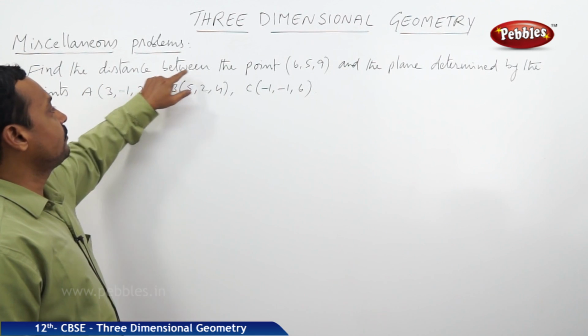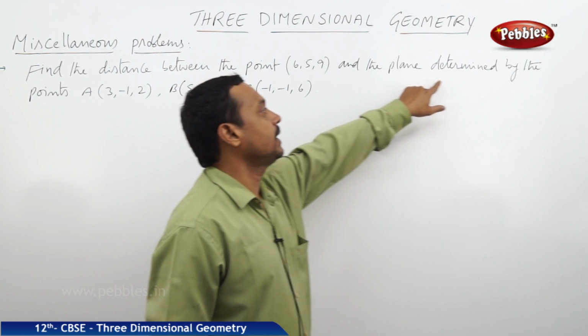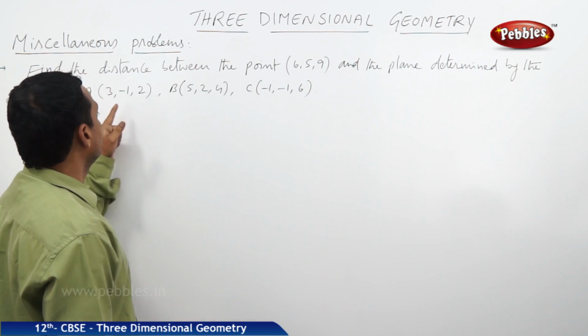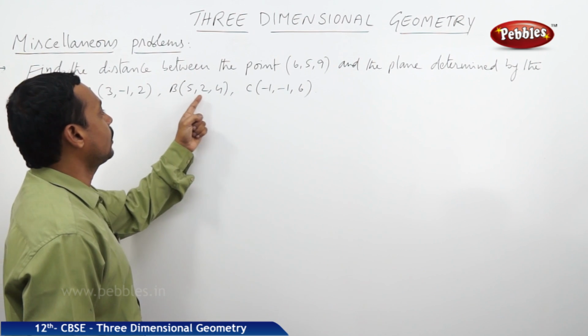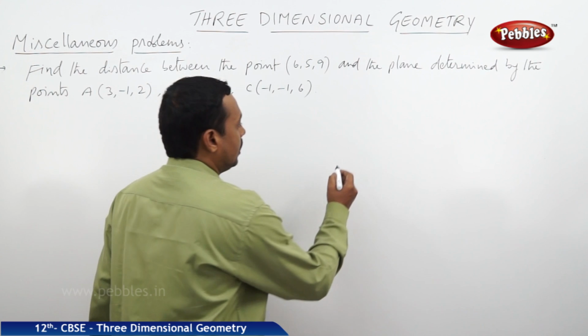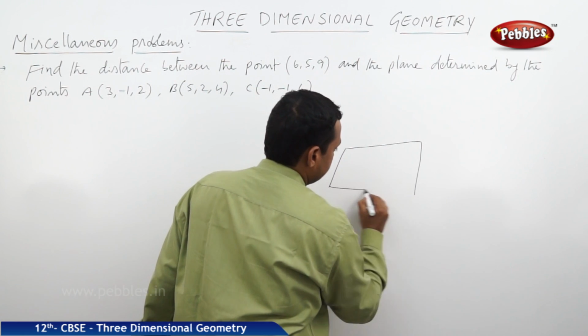Find the distance between the point 6, 5, 9 and the plane determined by the points A (3, minus 1, 2), B (5, 2, 4), C (minus 1, minus 1, 6). Now a plane is determined by the 3 points.